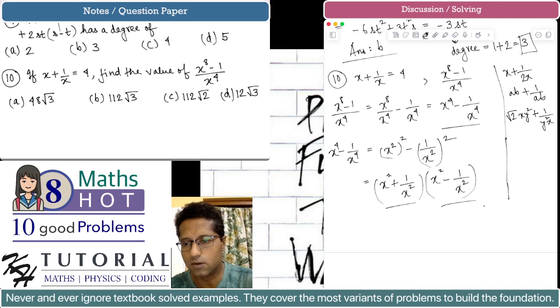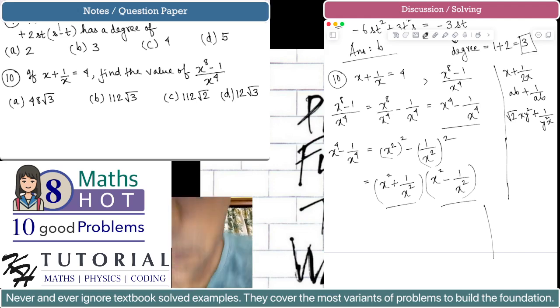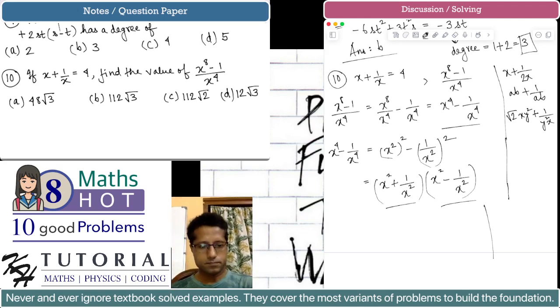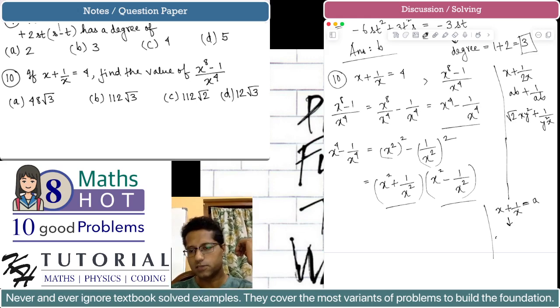Always remember, please appreciate this fact, that if you are given something like this, x plus 1 by x, some value is given, from here you can always find the value of x square plus 1 by x square.